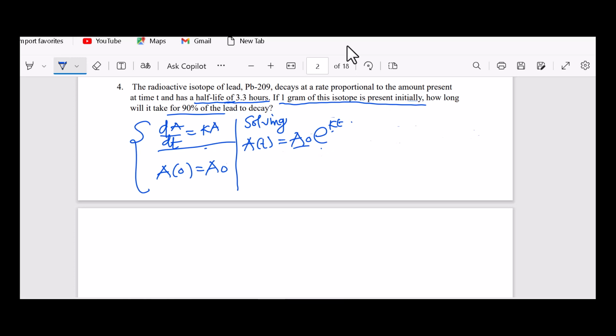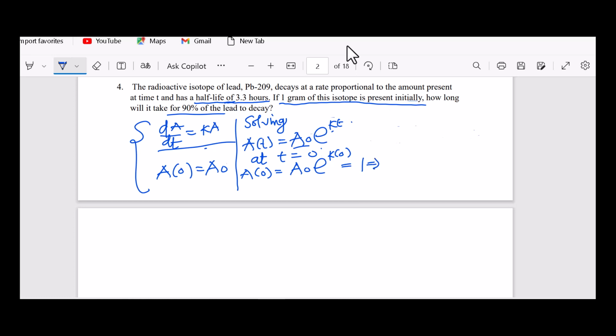Right now they said initially it was 1 gram, so it means at time equals 0, A of 0 equals A naught e power k of 0, and this equals 1.